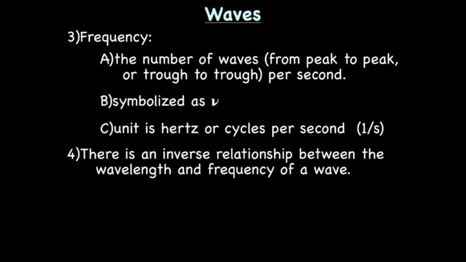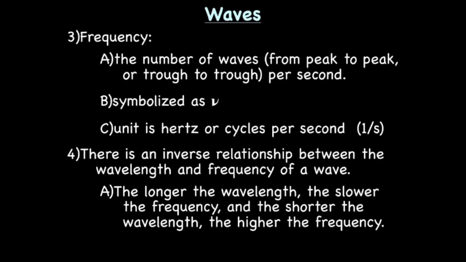There's an inverse relationship between the wavelength and the frequency of a wave, which I just went over with you. Inverse means that as one variable, in this case the wavelength, increases, the other variable, in this case frequency, decreases. A longer wavelength means a smaller or slower frequency, fewer cycles per second.